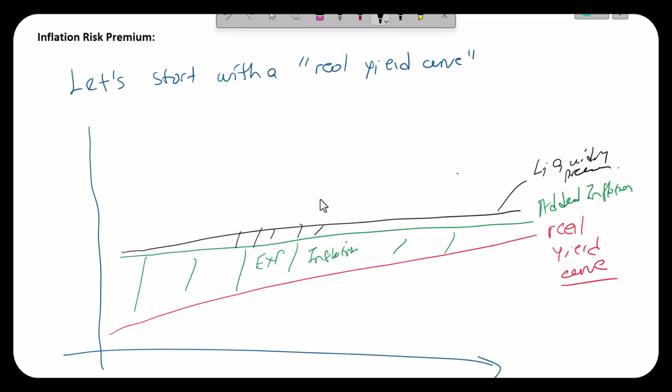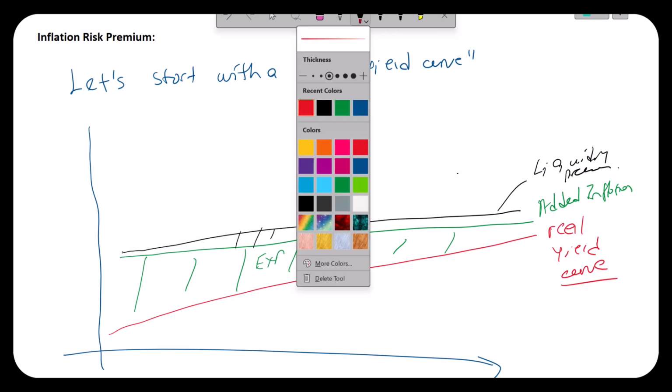And if you're talking about corporate bonds, you could also put some sort of, let me use a red line, not red, but hot pink. Where's my hot pink? Come on.